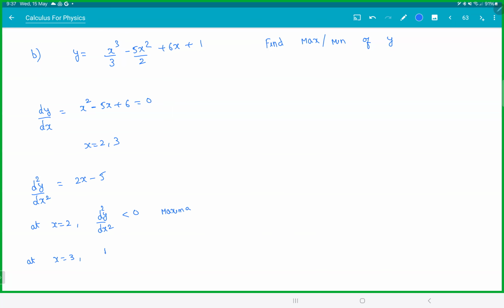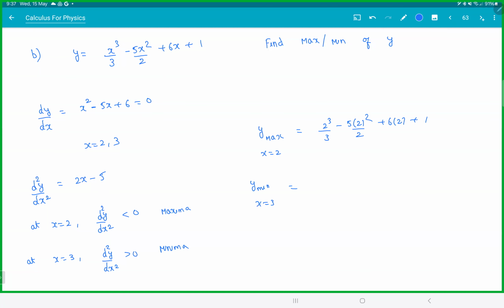At x is equal to 3, the double differential is positive. This is minima. So y max will occur when x is equal to 2. Substitute the value, I'm leaving it to you. Y minimum will occur at x is equal to 3. Substitute, you'll get the answer. Clear? You can do the value substitution. Easy?